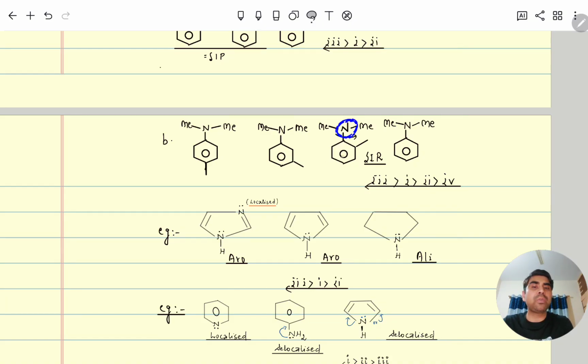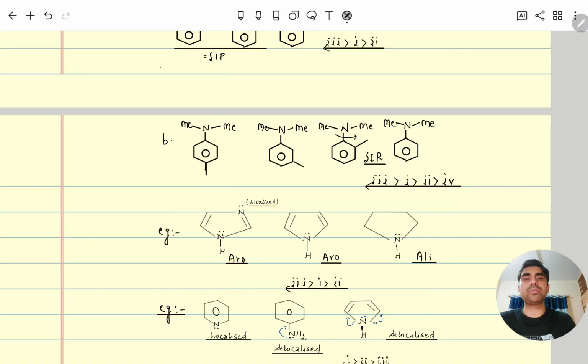As a localized lone pair, its basic strength is more, because localized is more than delocalized. Correct? So this one, now the remaining are all delocalized, because here this electron will move from high to low, here also high to low, here also high to low. Here this is giving electron through plus H, so somewhat here it is giving through plus H. So then 1, then 2, and then 4.